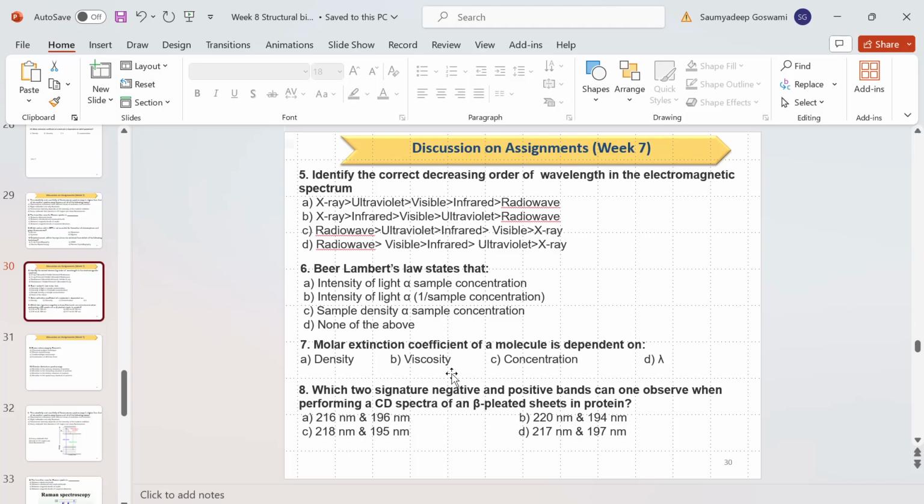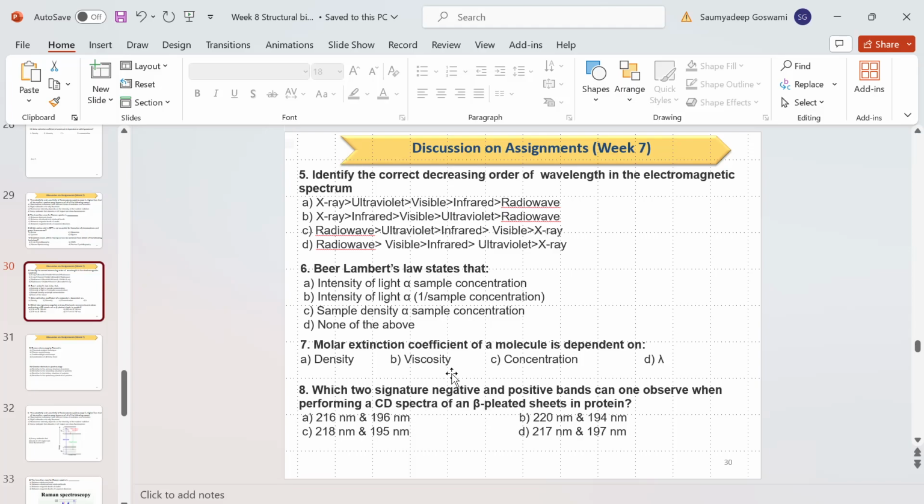I think you are guessing that it is inversely proportional, but that is not the case, because absorbance is not constant, right? Absorbance will vary. When you try to derive a relation between two variables, one should be constant. So absorbance will be different for different matter, right? From that equation you cannot tell that epsilon is inversely proportional to concentration.